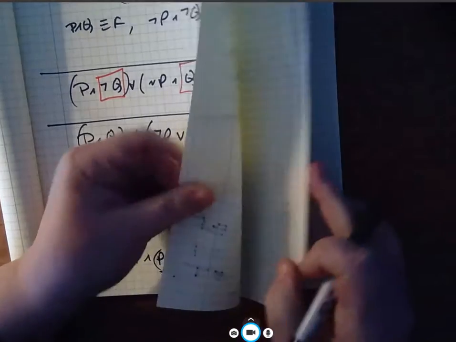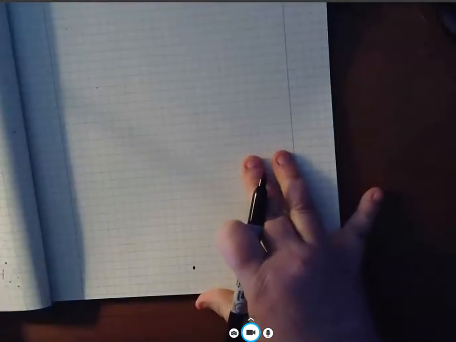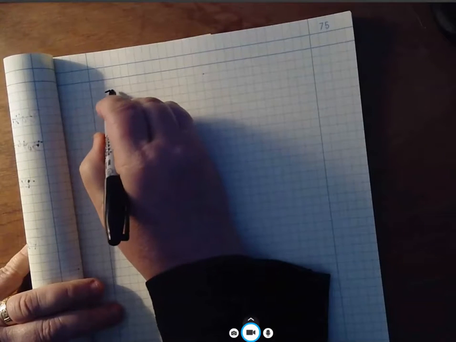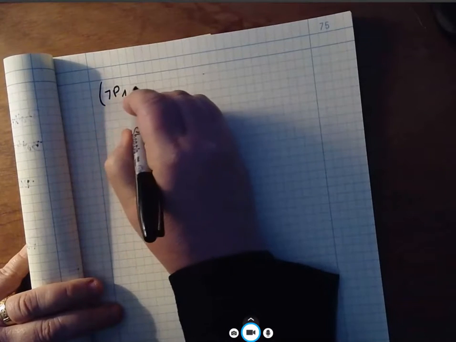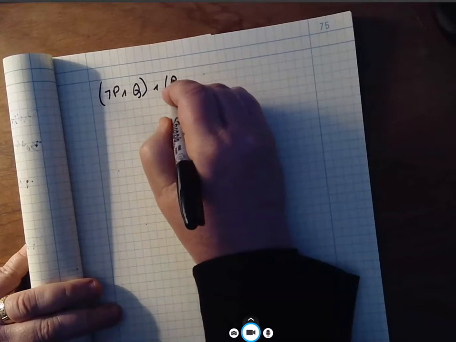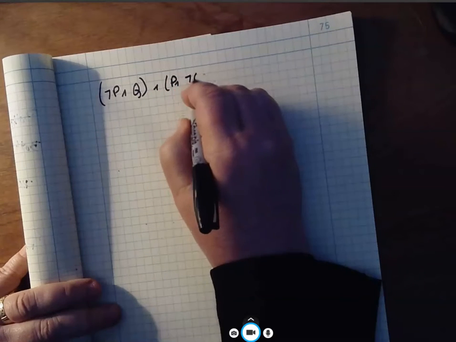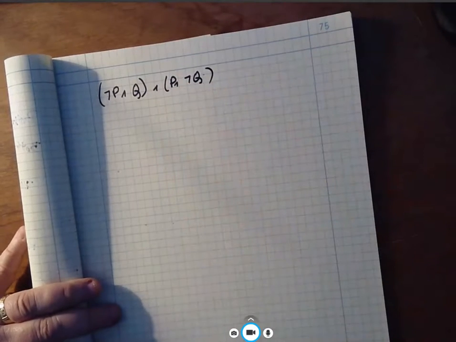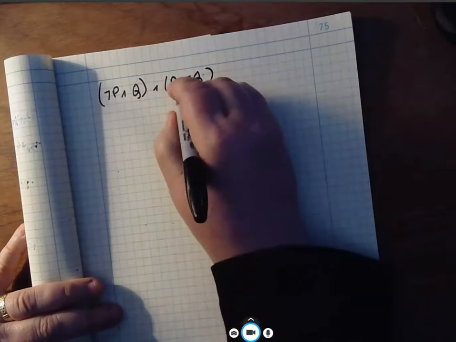I think I've got one more I can show you. How about, not P and Q and P and not Q. That's kind of spastic.